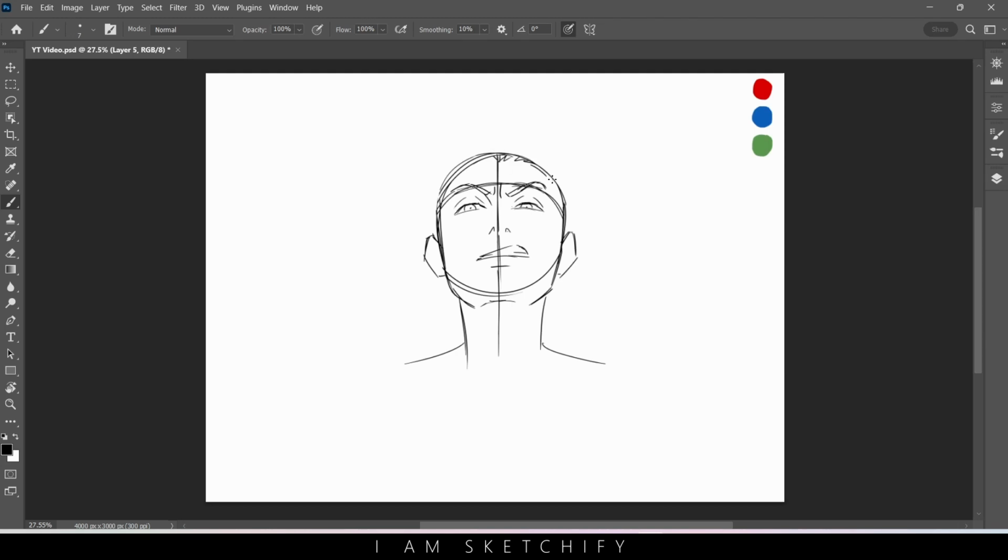Now I'll move to the hair. I looked at some references and got an idea about how I want the hair to look. I'm thinking a little Dragon Ball-esque.